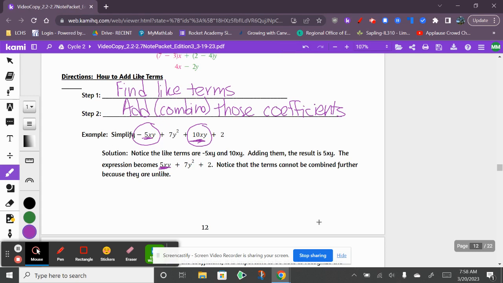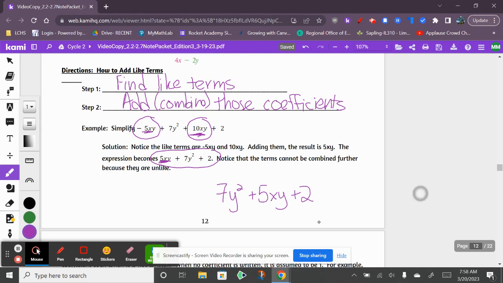So those would just be included after that. So we would end up with 5xy plus 7y squared plus 2. I will not be picky about which order you rewrite it. So if you wrote it as 7y squared plus 5xy plus 2, that would be correct as well.